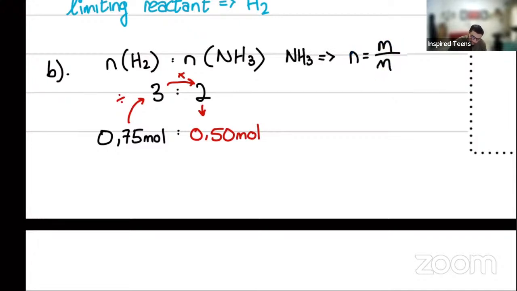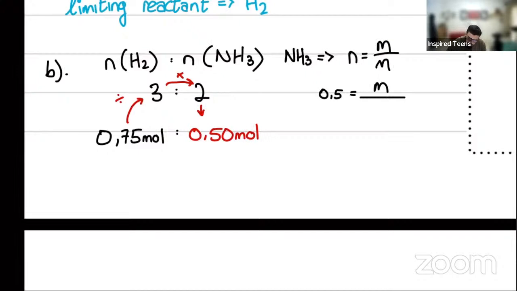And now we can convert it. So 0.5 is equal to the mass divided by the molar mass of ammonia, which is 17. So it becomes multiplication. And the mass of ammonia produced when we do that calculation is 8.5 grams.